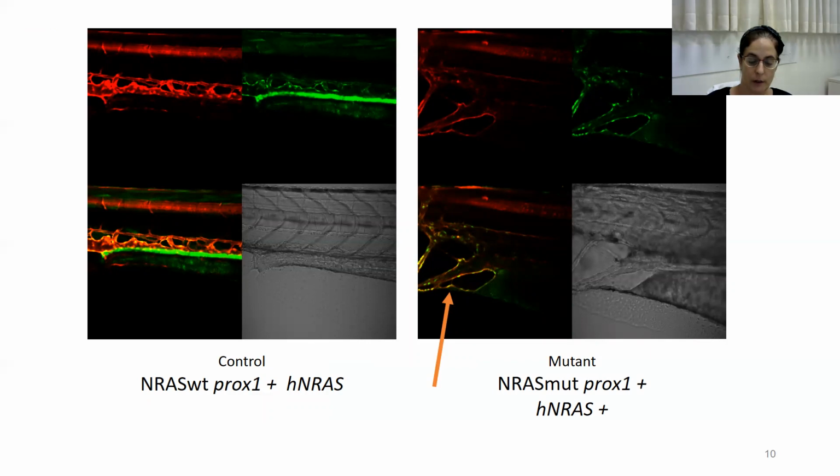Confocal imaging in 5 days post-fertilization larvae showed distinct differences between the control and the mutant groups, with the mutant group demonstrating clear and large lymphatic cavities and malformed mid-trunk vessels, in contrast to well-formed and well-organized mid-trunk lymphatics in the wild-type NRAS expressing line.